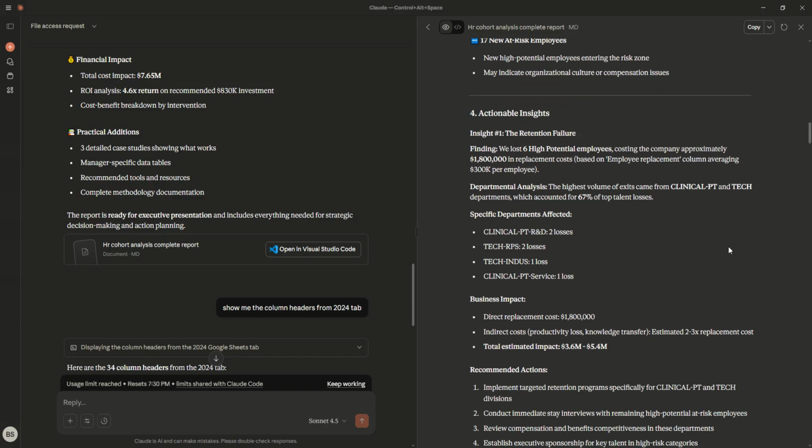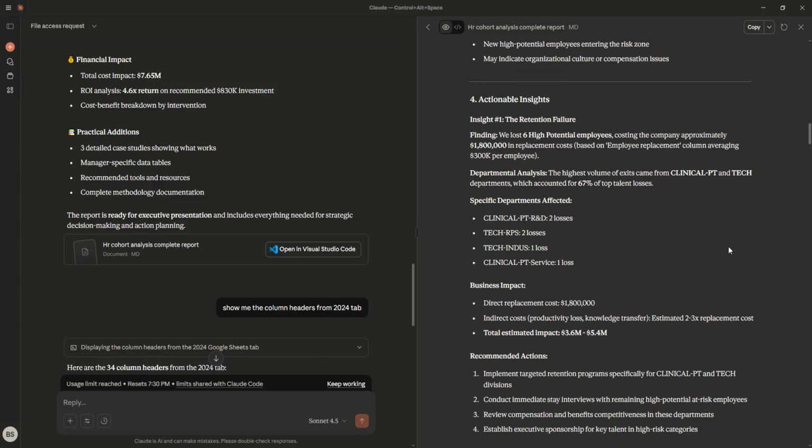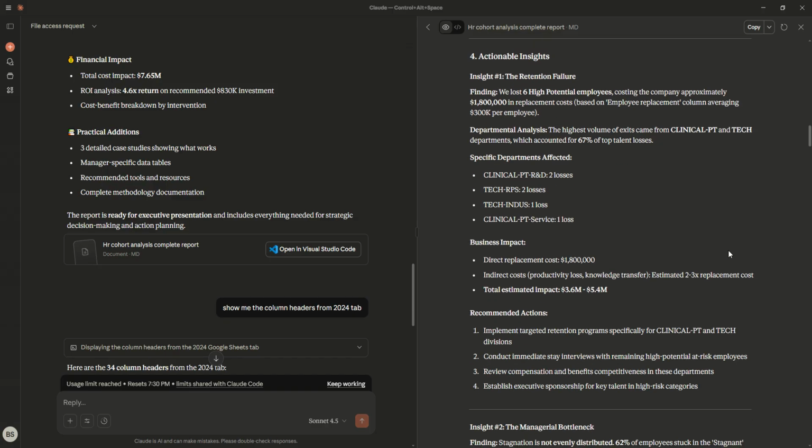Now let's move on to the actionable insights which we have gathered from all the analysis. Here you can see the first insight, retention failure, and the findings below.